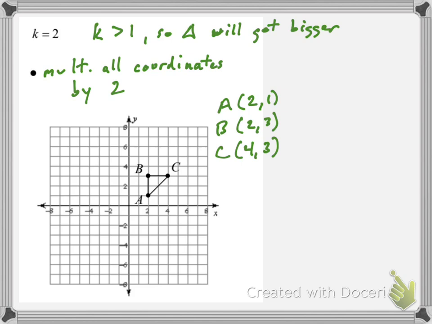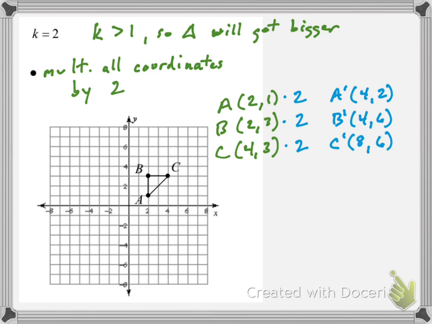I'm going to multiply all of these by 2. So A prime, I multiply both numbers by 2, so I get 4, 2. B prime, I will get 4, 6. And C prime will be 8, 6.